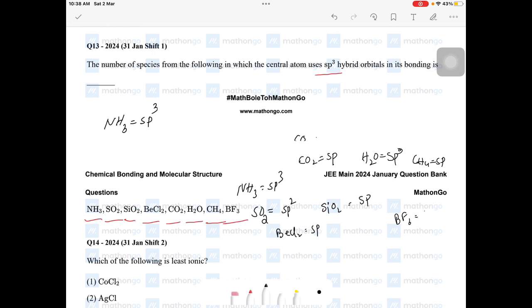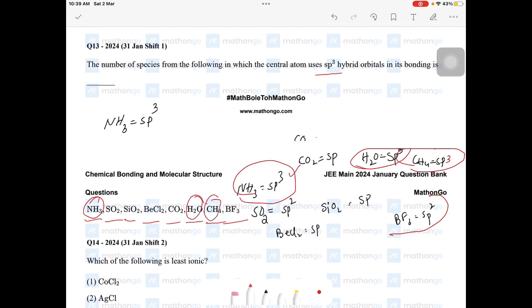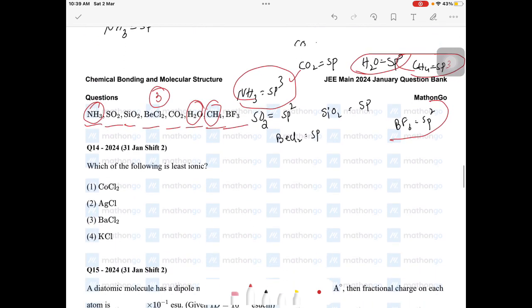BF3 sp2 hybridization. Now NH3 is 1. Next H2O and CH4 are also sp3, BF3 is not. So total 3: NH3, H2O and CH4 will form sp3 hybrid orbitals.